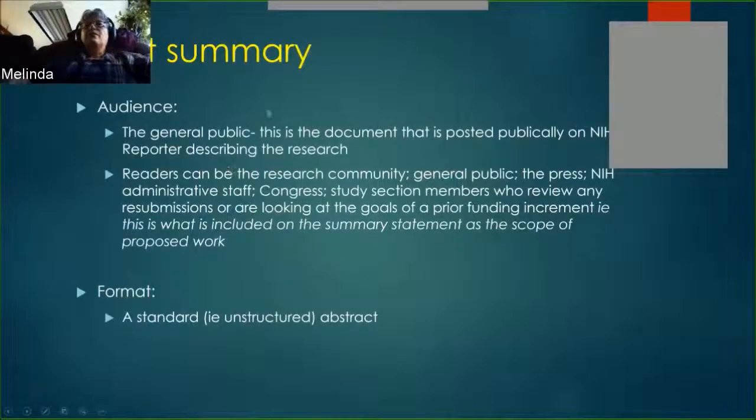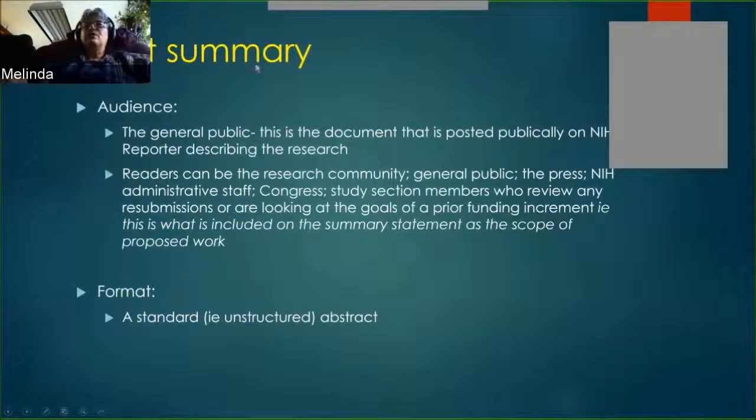Okay, so the very first one is the project summary. Now, the thing about the project summary is that it's the only piece of the grant that is actually public information. So if you submit a grant and it's not funded, it just goes into the pits of the NIH, never to be seen again. But if it is funded, this is the publicly available description of your research.